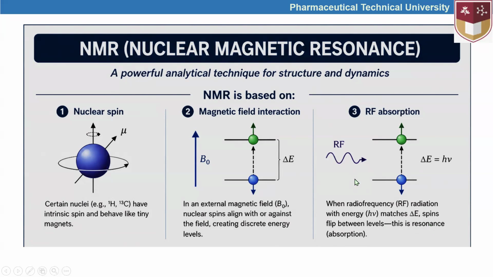Based on the radio frequencies that are absorbed and lead to the resonance, we can identify the hydrogen, for example, that belongs to different functional groups, to a methyl group or OH group, or the methyl group that's linked to carbon-carbon double bonds, etc. Okay, this is how the NMR spectra are obtained.